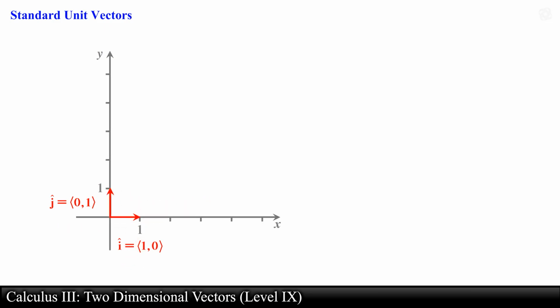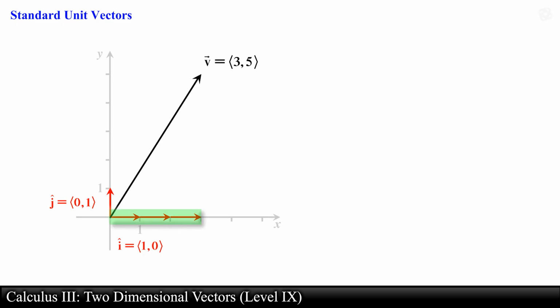Standard unit vectors are used to represent any vector uniquely. For example, we can represent vector v in terms of these standard unit vectors. Notice that the x component of vector v can be constructed by adding 3 i hat vectors. In the same manner, the y component of vector v can be constructed by using 5 j hat vectors.